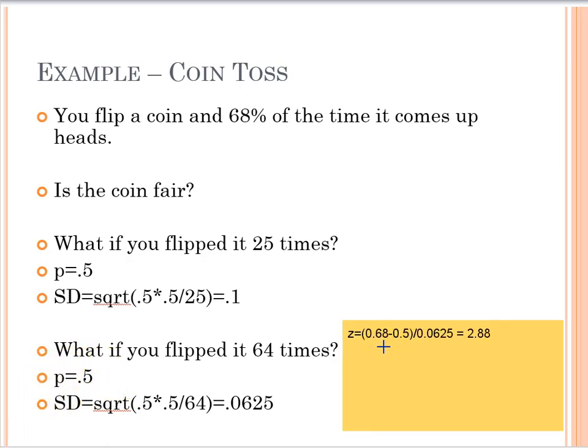When we calculate the z-score then for the 68% observation, we get a z-score of 2.88. So this says that getting 68% heads means that this is highly unusual. This observation is highly unusual because only 5% of our samples should fall outside of 2 standard deviations.